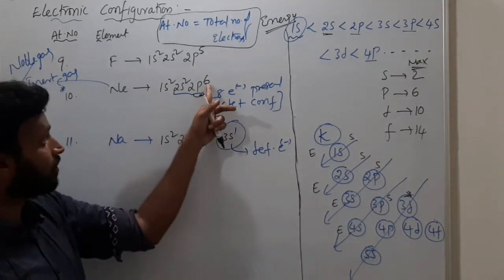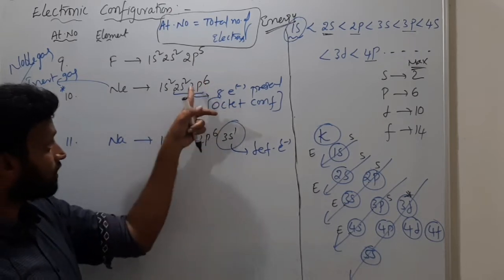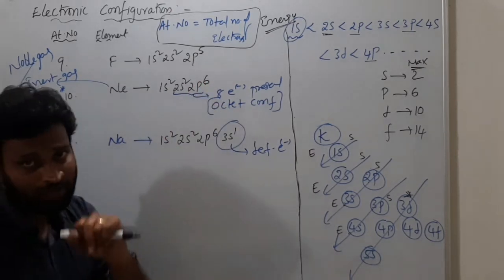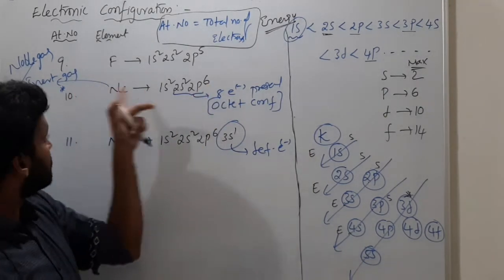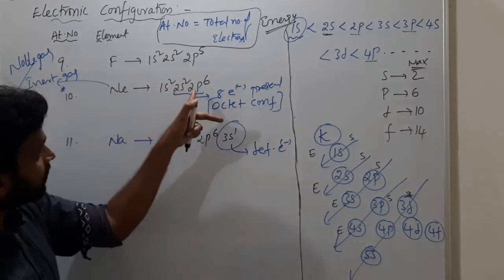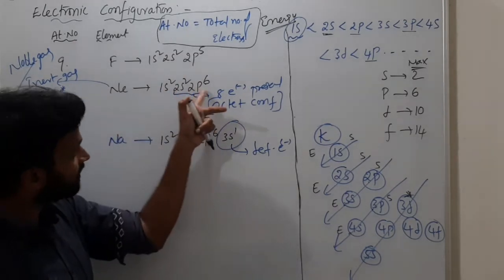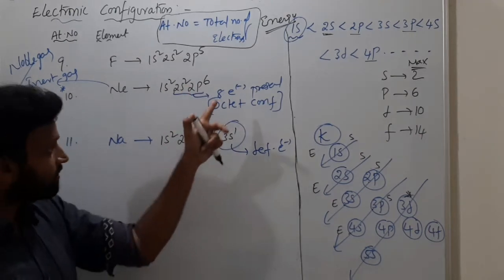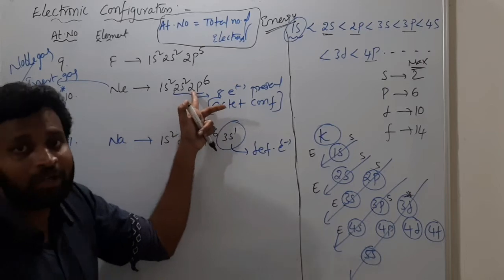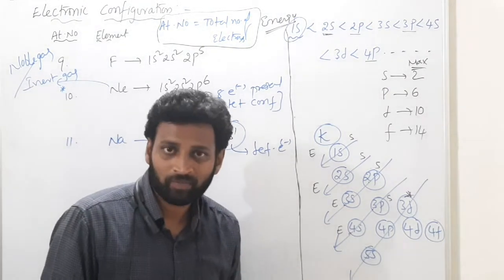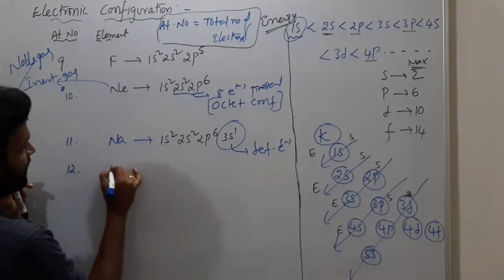Here I told you the 6th electron is in 2p, otherwise in neon the 10th electron enters into 2p. After 4 electrons, the remaining 6 electrons are present in 2p. That is the meaning. Understanding? So sodium over. Next, the 12th one is magnesium.